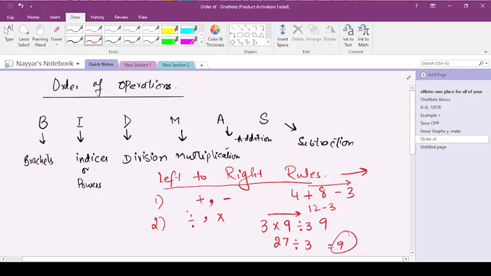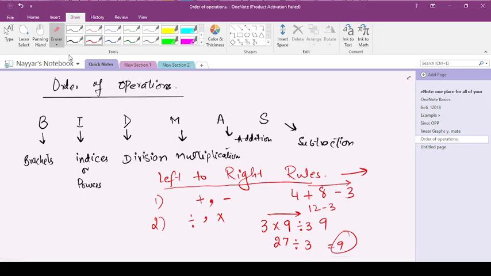So remember, left to right rules apply if you have just addition and subtraction, or just division and multiplication. Otherwise, if you have multiple operations together in the question, you will follow the BIDMAS order.